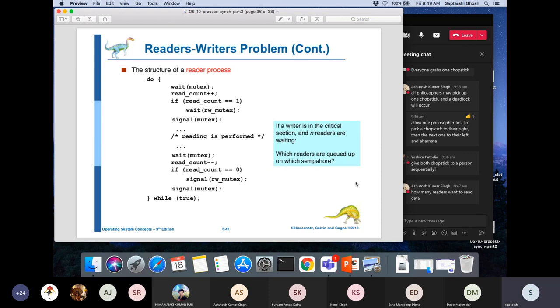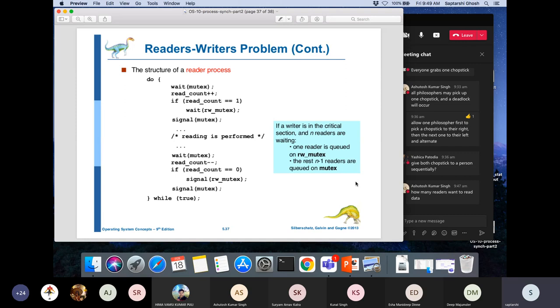Okay, Ashutosh, or someone else, can you give once more the answer to this question? Which readers are queued up on which semaphore? The first reader will be queued on RW mutex and others will be queued up on mutex, I guess. Yes, exactly.